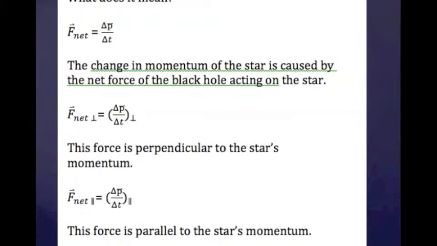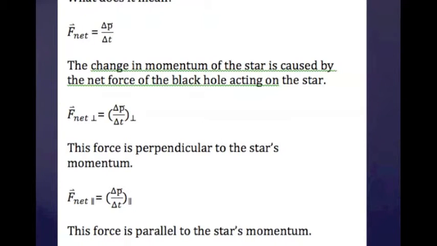We know that the star is changing its momentum over a period of time, caused by a net force acting on it. Because we can see that it has curving motion, we know that something's making it change direction and something is making it change its speed. What we can assume, because the gravitational force is the only force acting on it, is that this has a perpendicular component and a parallel component.